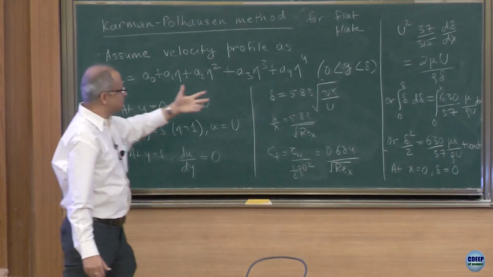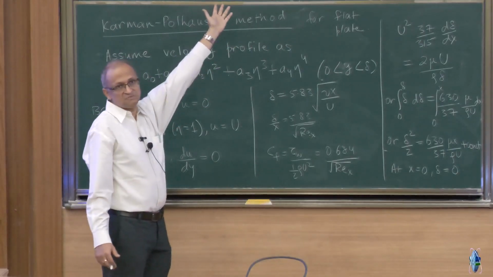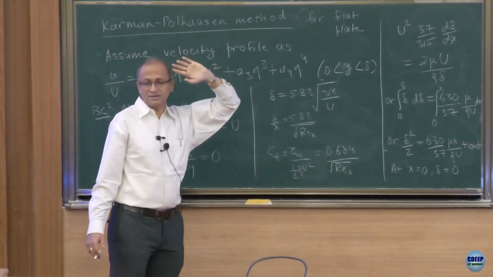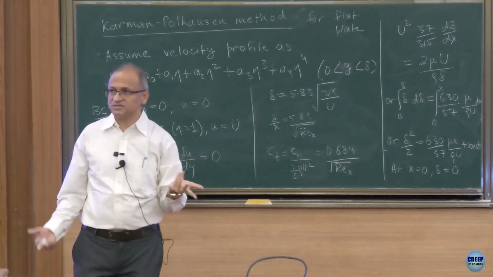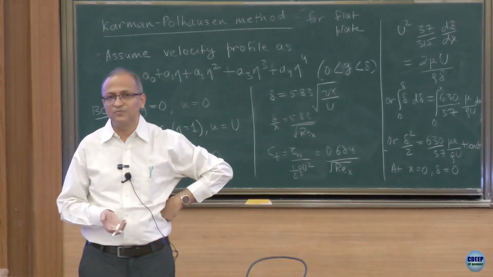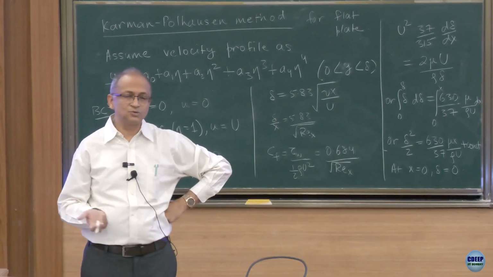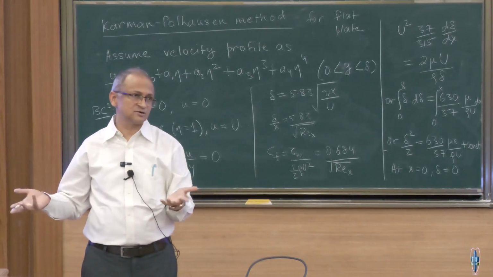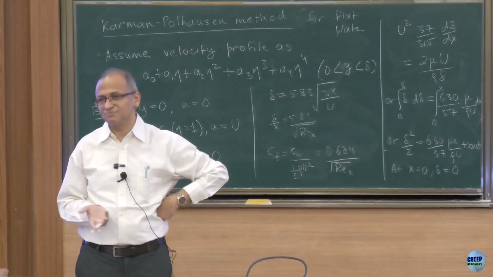Now, if you want to go to another term, what will we do? We'll say the third derivative of u at y equal to delta is 0, the 4th derivative is 0, or whatever. Some such condition we will have to impose in order to get to higher derivatives. But we do not know the implication of that; we will have to check whether it makes sense.